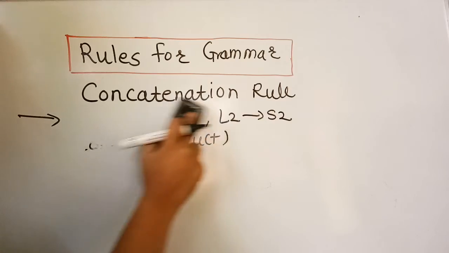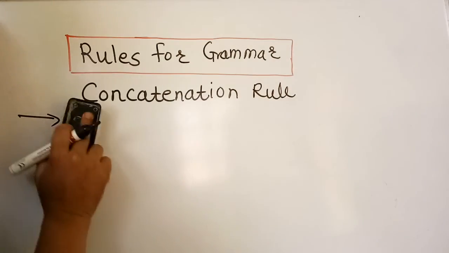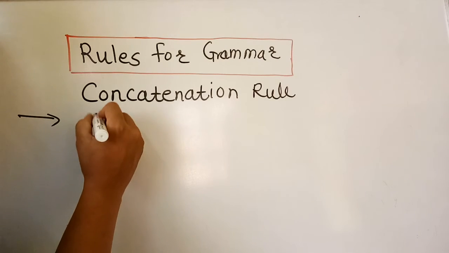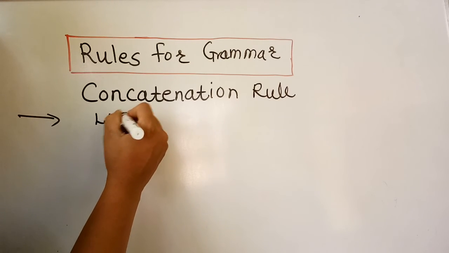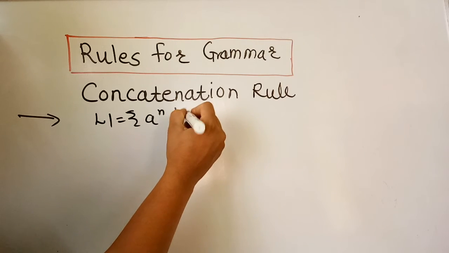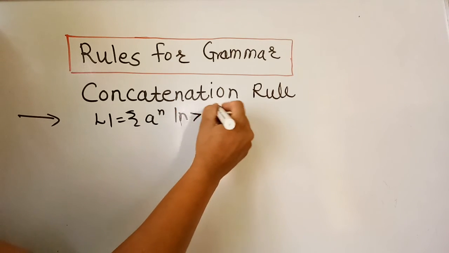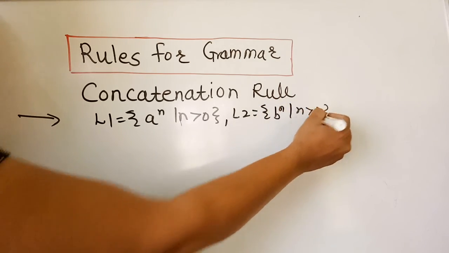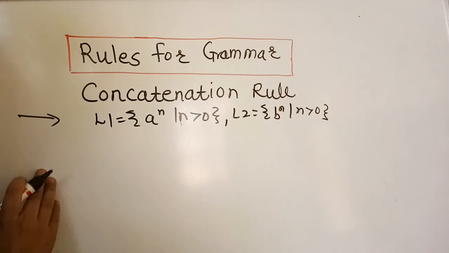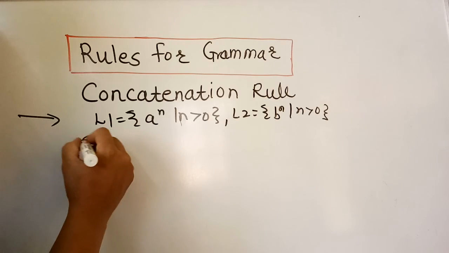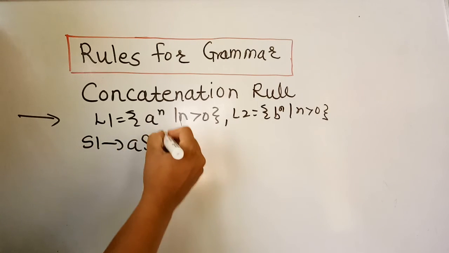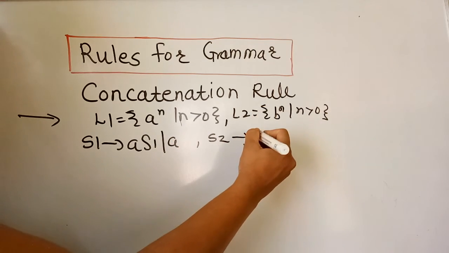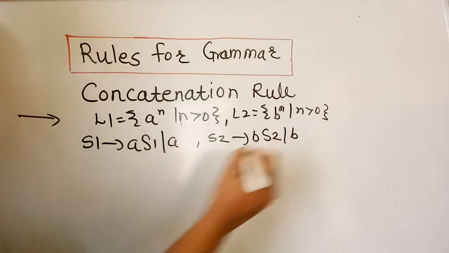Now we will take the previous example again and try to concatenate it. L1 is the language a raised to n where n greater than 0, and L2 is the language b raised to n where n greater than 0. What is the grammar for L1? S1 gives aS1 or a, and for L2, S2 gives bS2 or b.